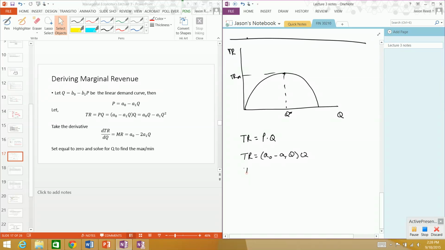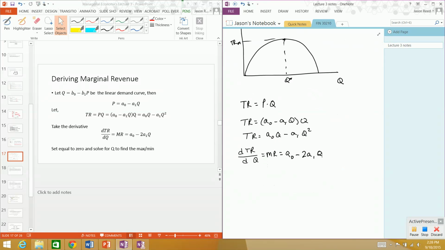If I multiply this out, we have A0Q minus A1Q squared. And if I take the derivative of total revenue with respect to quantity, it's going to be equal to marginal revenue. That's going to equal A0 minus 2A1Q.